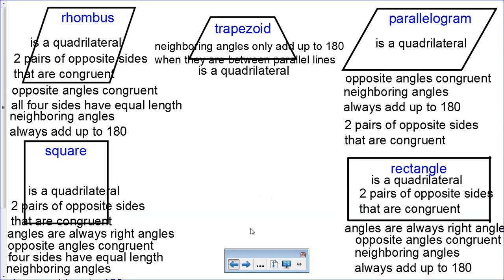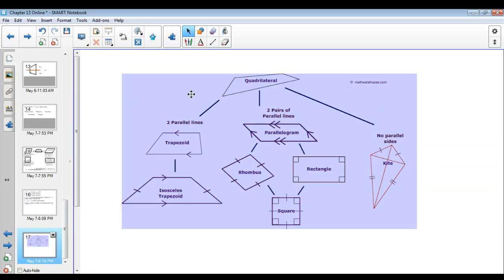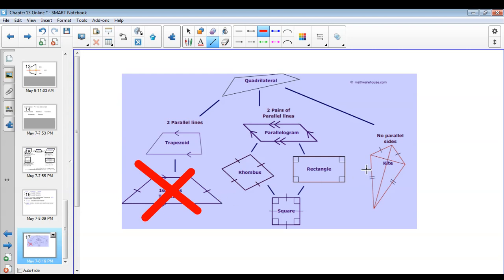Now that's a lot of properties that we just dragged around, and this isn't the neatest of organizers. So we also have this organizer here. And we really did not talk about isosceles trapezoids. You're going to get into those in a later year, so we're just going to cross these out right now. We didn't talk about isosceles trapezoids, and we didn't talk about kites.